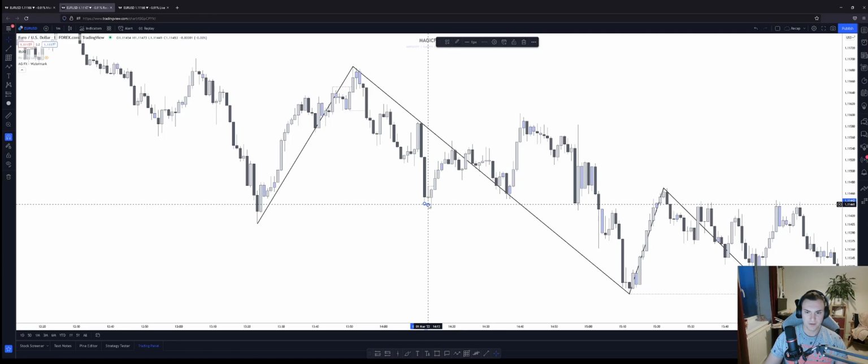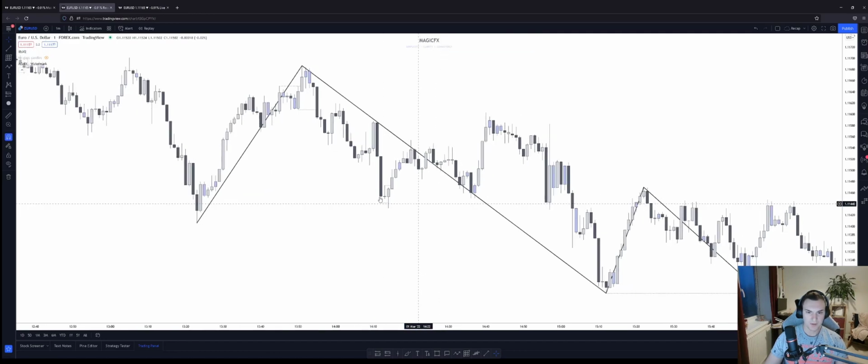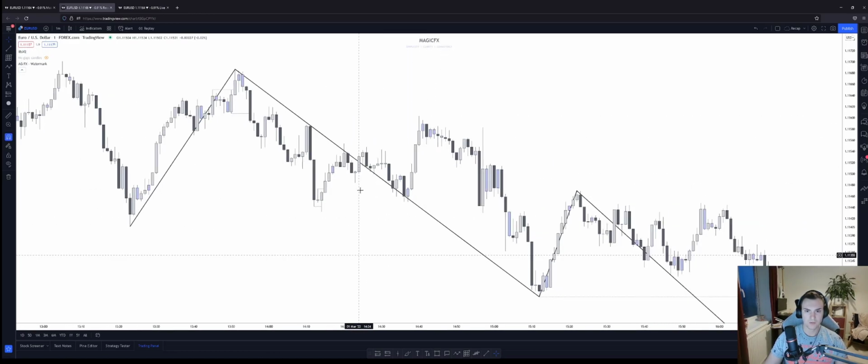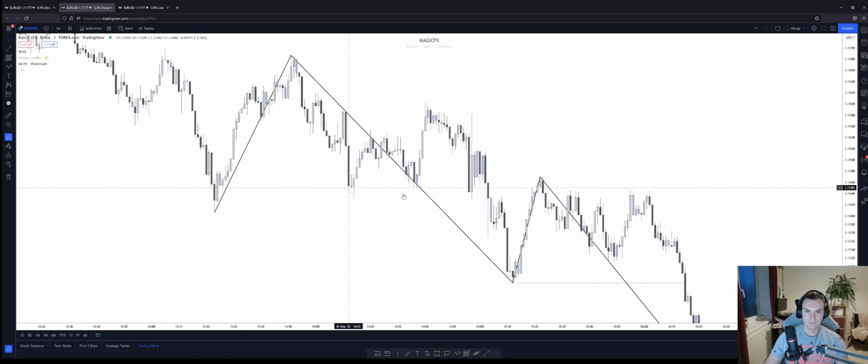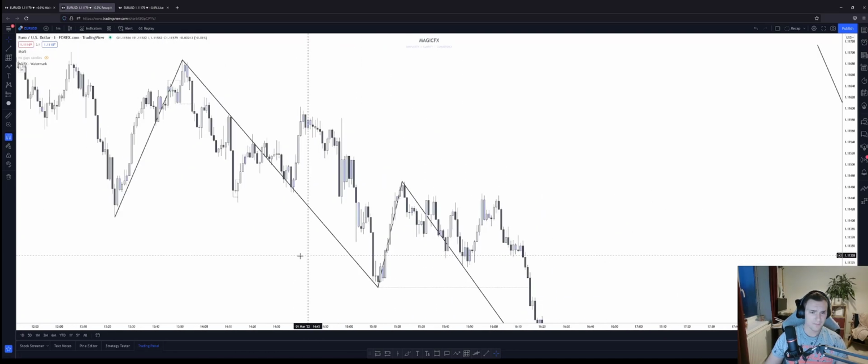There are reasons why we wouldn't expect this change of character to hold overall, and that's because price has already mitigated what it needed to in the premium up here, and it's headed down. It's just had a little reaction down here, and wanted to sweep this before continuing to go down. So I wouldn't recommend taking a trade from this change of character, but that's not what this video is about.